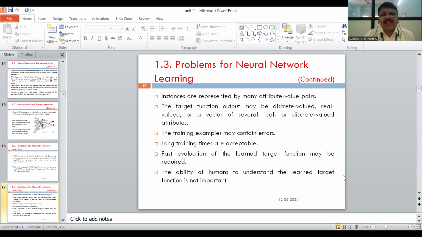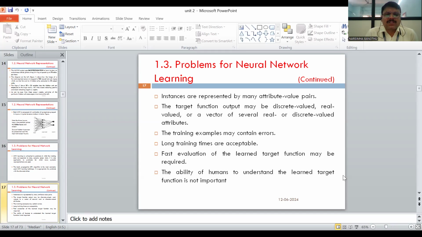Instances are represented by many attribute value pairs. The target function output may be discrete valued, real valued, or a vector of several real or discrete value attributes, right? The training examples may contain errors, so we have to clean the data before using it.